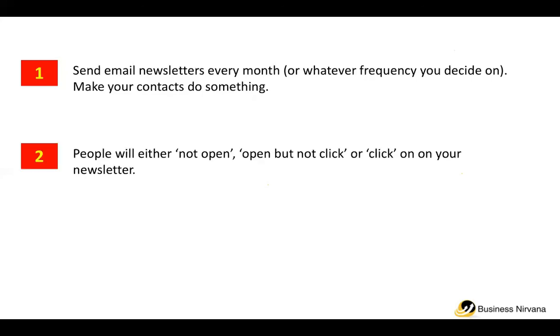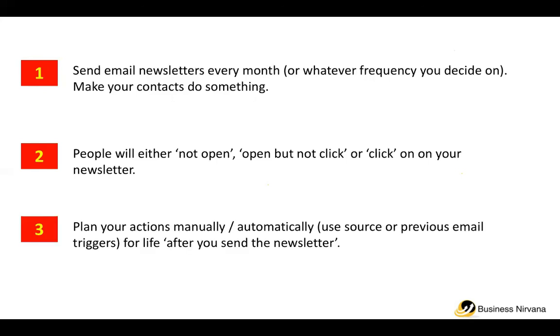So people will either not open it, open but not click it, or click on your newsletter. You need to treat all of these 3 sub-segments differently. You can plan your actions after the newsletter, in the afterlife of the newsletter, either manually or automatically. You can use source or previous email triggers for after you send the newsletter.